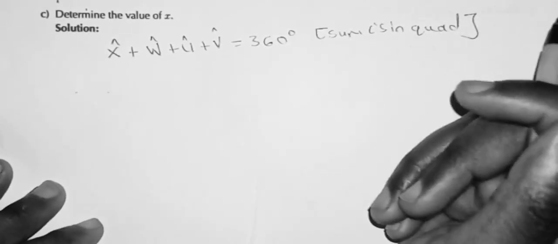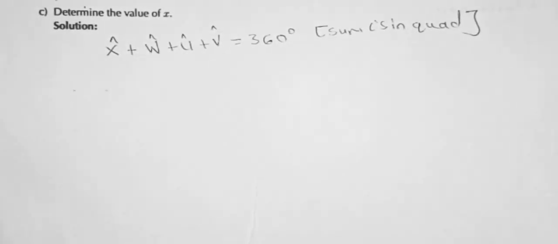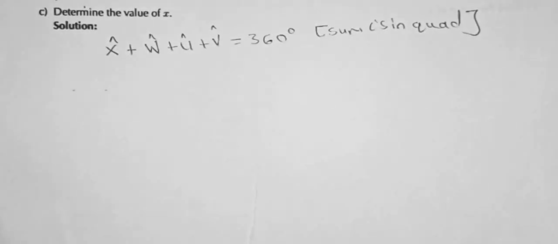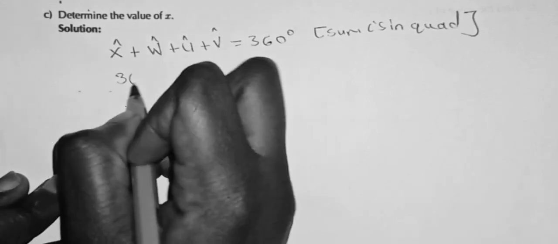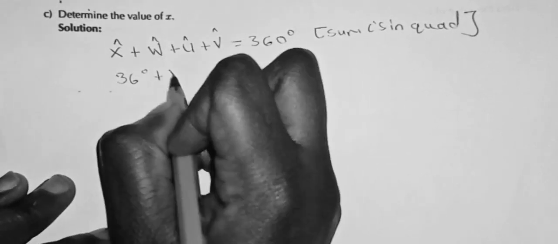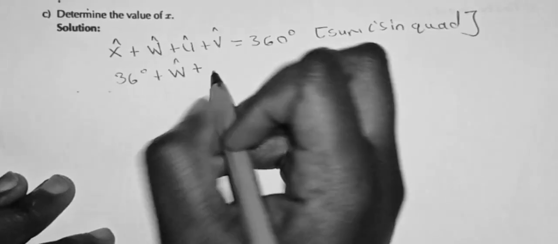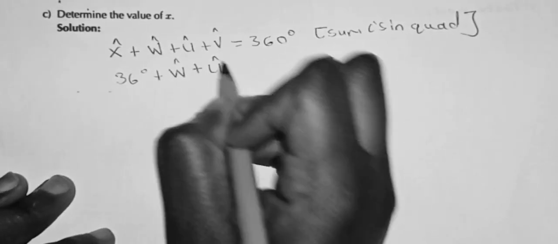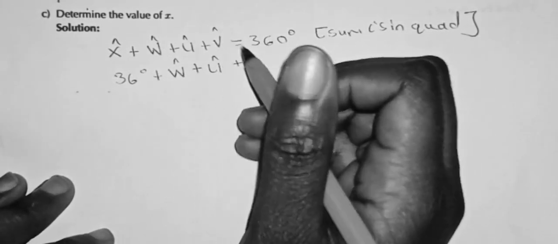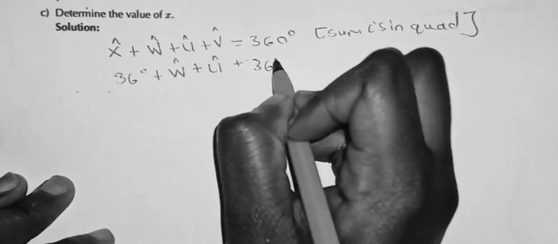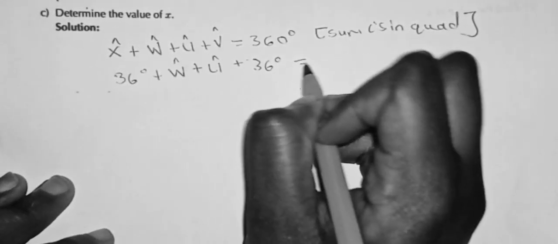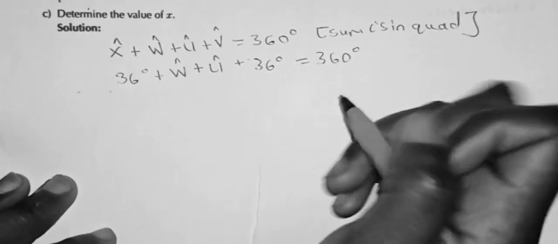And then I'm going to say that my angle x was 36 degrees, and then my angle w we don't know, plus my angle u we don't know, plus my angle v, which is 36 degrees, all equals 360 degrees.